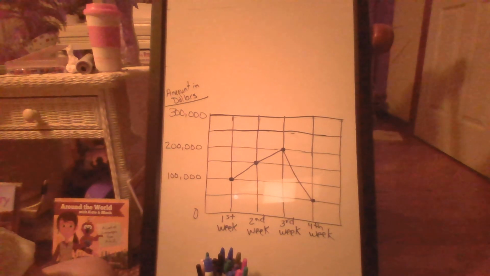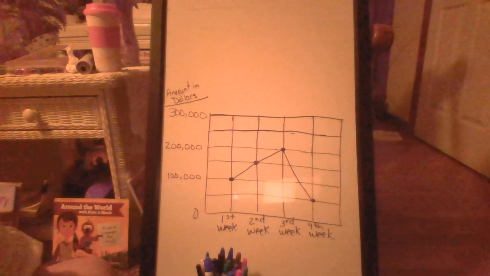So they went from selling $200,000 worth of furniture to only selling $50,000 worth of furniture. So that was a big decrease in the fourth week. So maybe people had gone home or something else was going on in the city on that fourth week that they didn't come and buy furniture from this company.